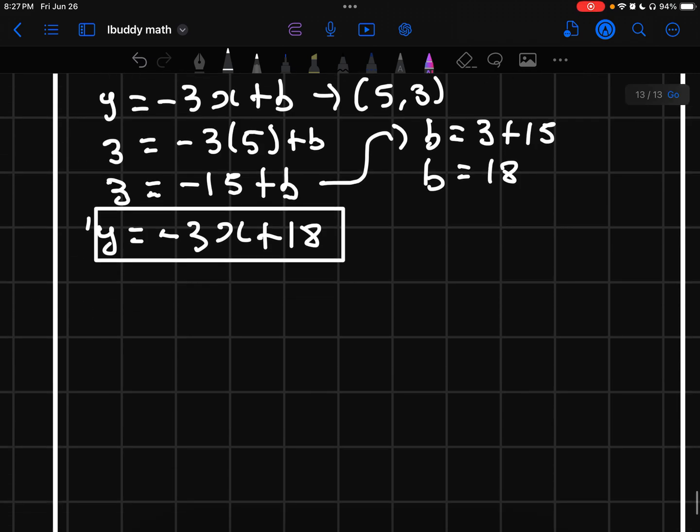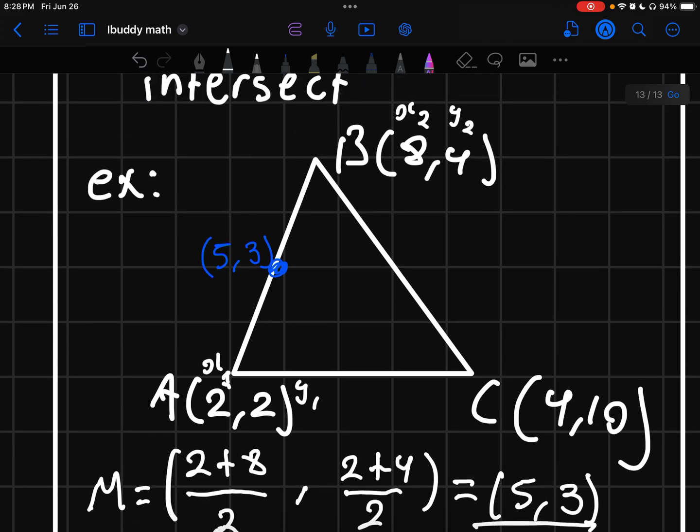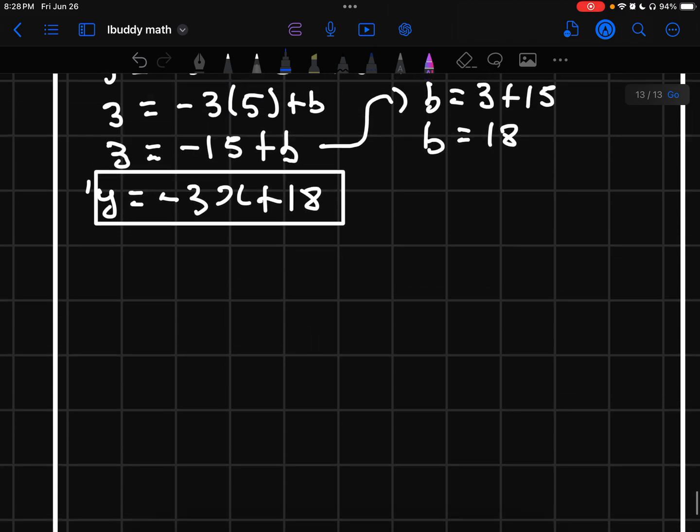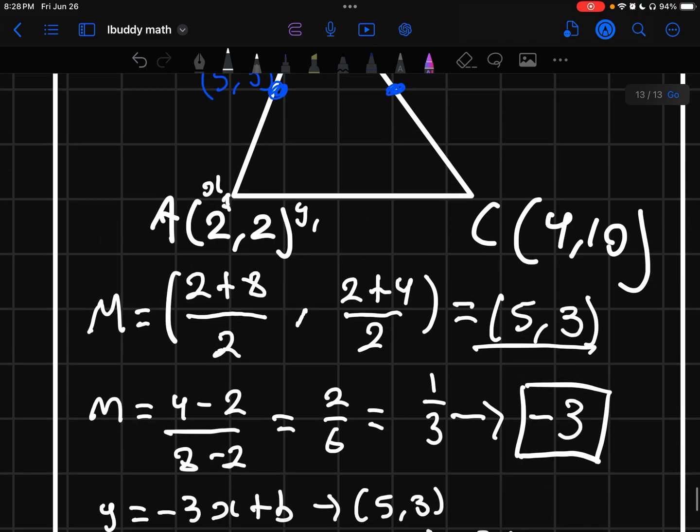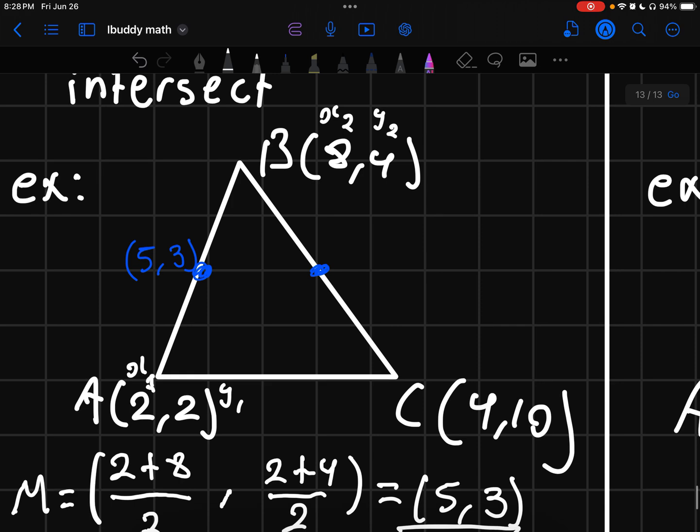So now we have to find the perpendicular bisector of another side. For this, we can use BC. So we have to find the midpoint here now. For the midpoint, we use the midpoint formula again, which is m is equal to x1 plus x2 divided by 2 and y1 plus y2 divided by 2.